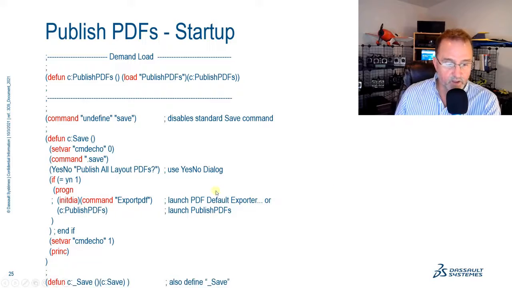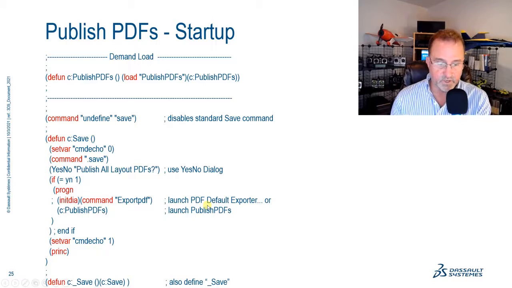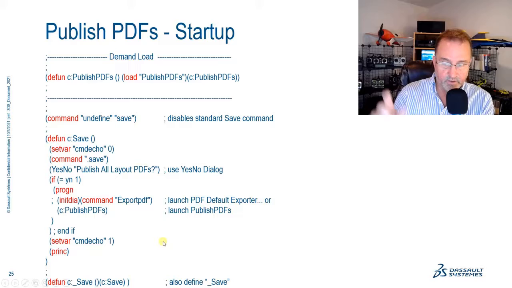Now, the other thing that you want to keep in mind is sometimes some of the commands inside of DraftSight have two versions. There's the save command, and then there's also, sometimes in the menu, you'll notice there's an underscore save command. And so you may want to define a function. In this case, if I want to make sure that the menu is working properly, if I pick on the menu and it runs the old version of save instead of the current version, it might just be because it's actually running an underscore save.